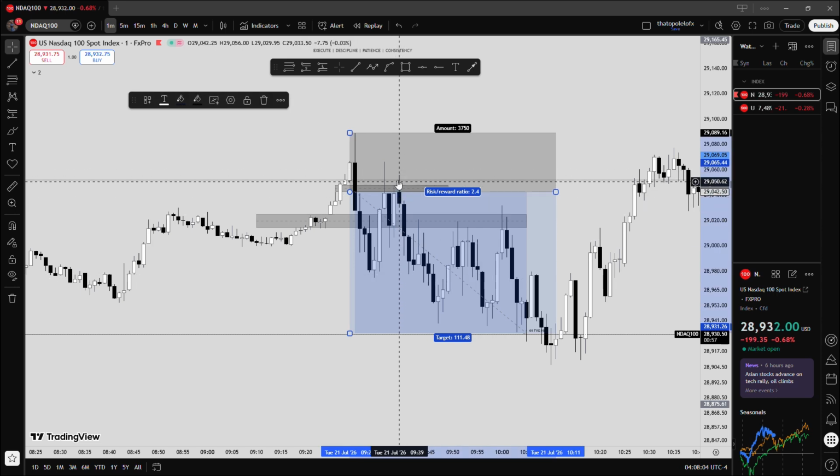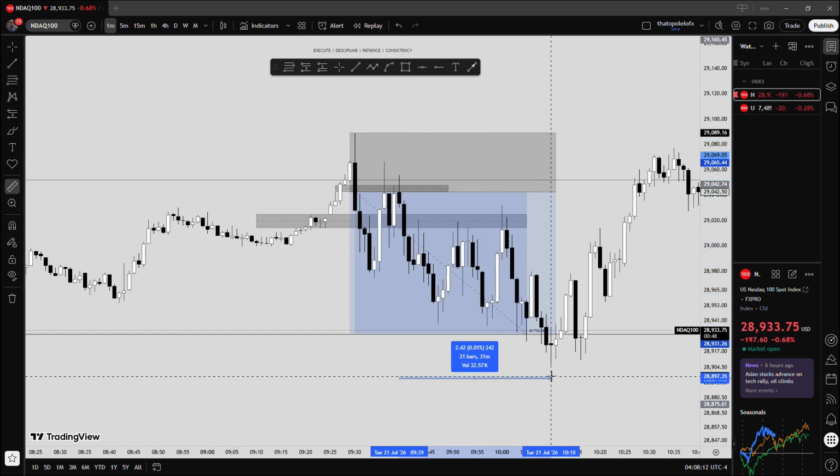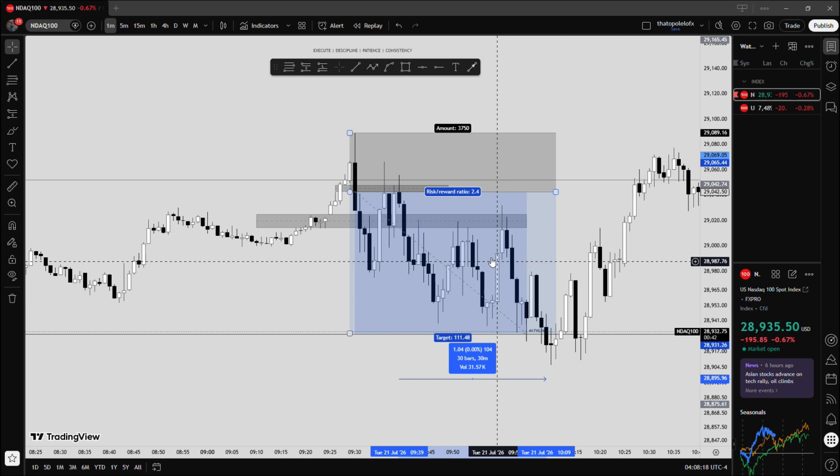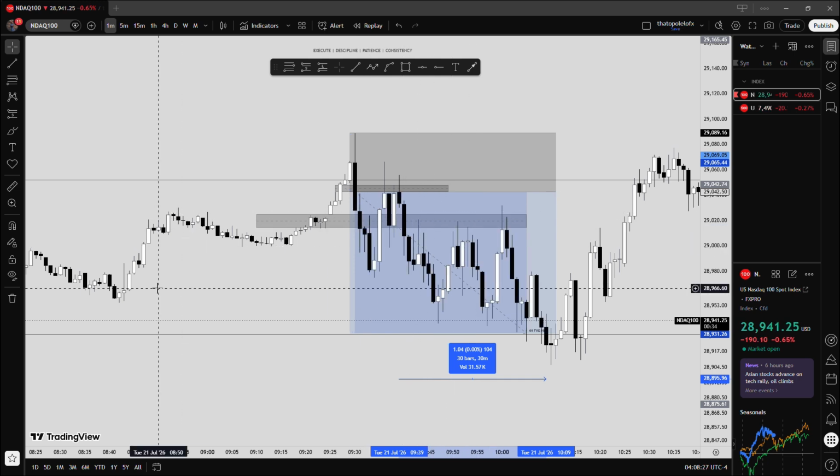This is where I got into the trade, and then it took close to 30 minutes to hit my take profit, and I had copied this trade to 4 of my accounts, and it was a green day.